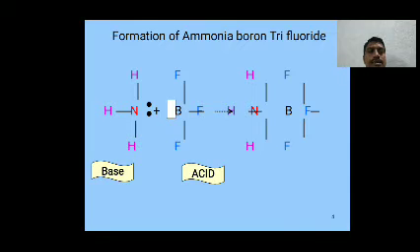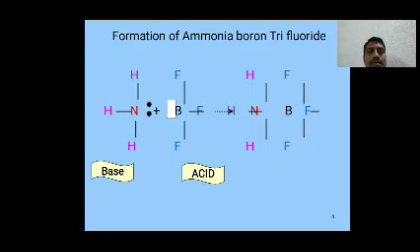In this reaction, boron trifluoride is the pair of electron acceptor, so it is a Lewis acid. Ammonia is the pair of electron donor, so it is a Lewis base.